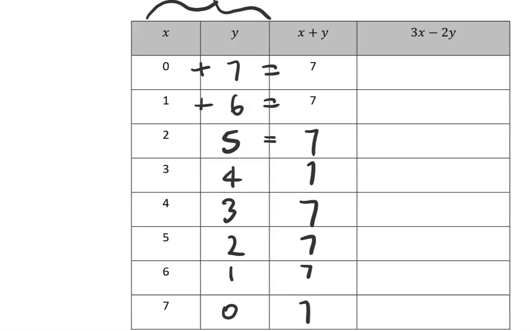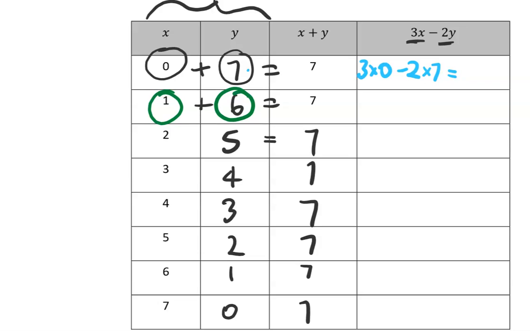All right, now I want to know if x is 0 and if y is 7, what is 3 lots of x take away 2 lots of y? All right, well, if x is 0, we've got 3 lots of 0 take away 2 lots of y, y is 7, so 2 lots of 7, what does that equal? If x is 1 and y is 6, I need 3 lots of 1, take away 2 lots of 6, what does that equal?